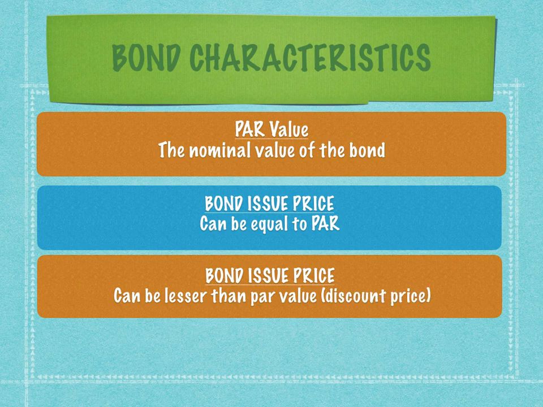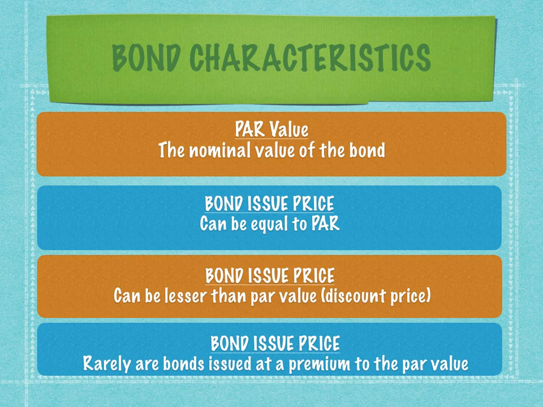In some cases, the bonds can be issued at a price lesser than the face value or the par value. These are called discount bonds because the issue price is at a discount to the par value. Very rarely would you find instances where bonds are issued at a premium to the par value.